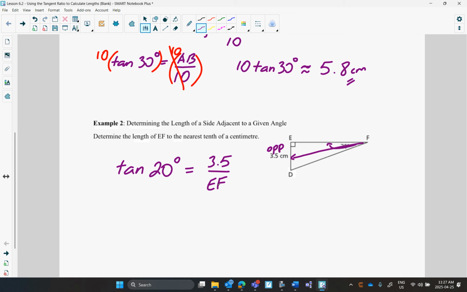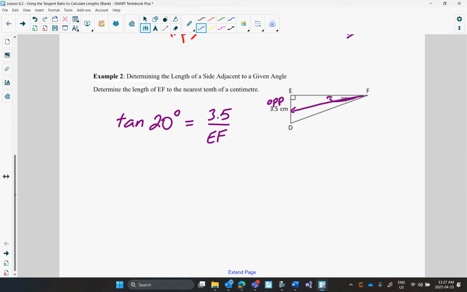So now it's like solving a fraction equation, except we've got to do a couple of steps this time. What's different about this one than the last one? Yeah, the unknown is on the bottom this time, right? Last one, the unknown was on the top. Well, we still solve it the same way. I've got to get rid of the fractions.